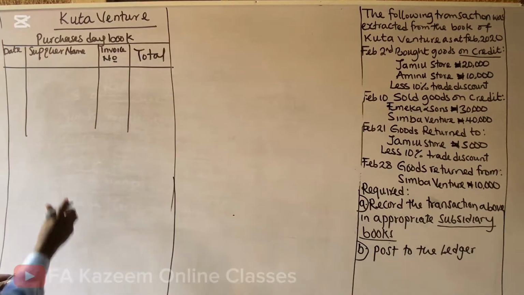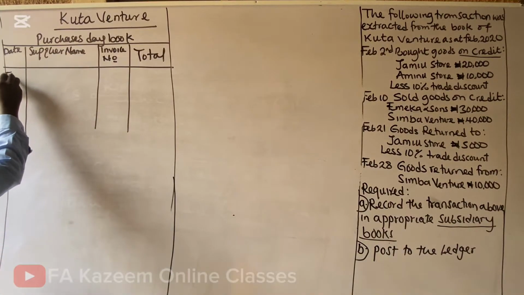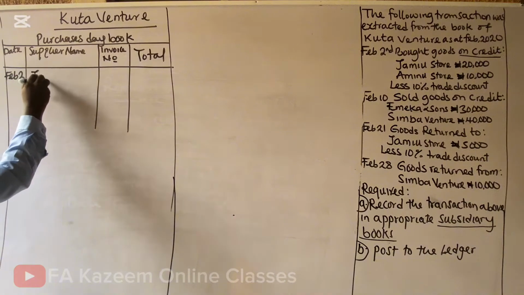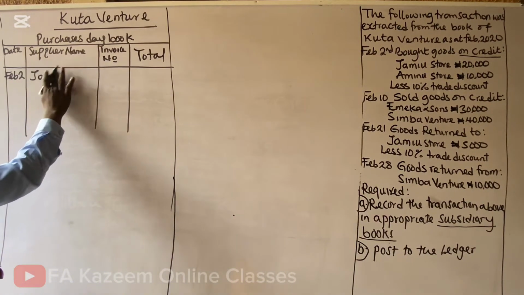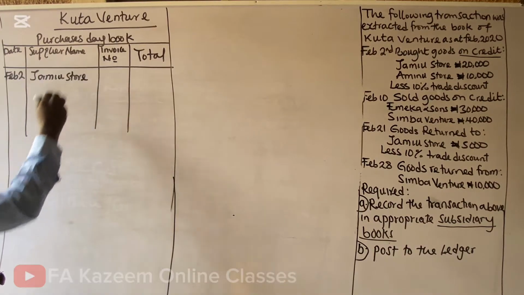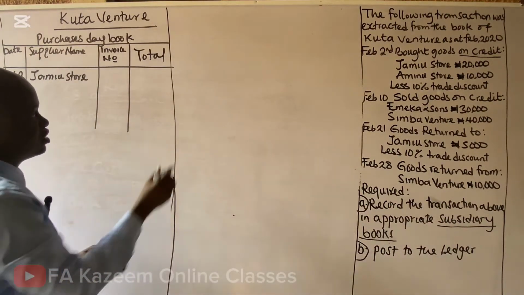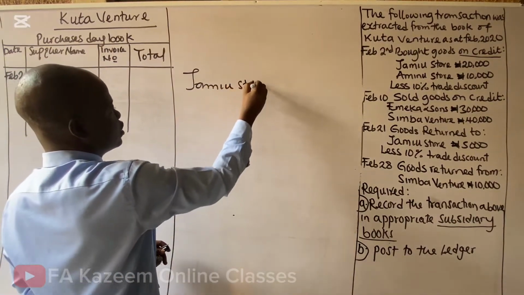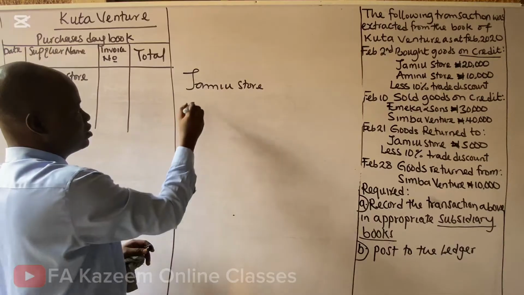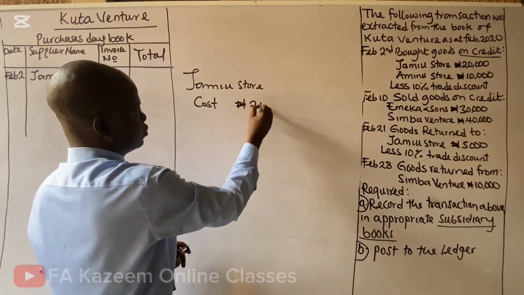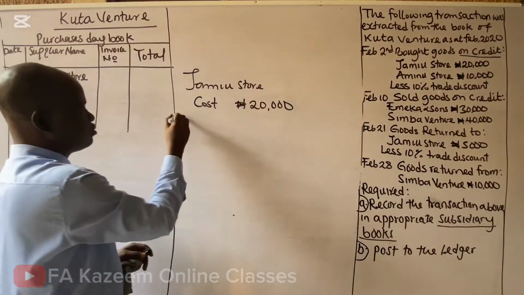Who did they buy from? On February 2nd, goods were bought from Jamil Store, less 10% discount. Meaning, we'll come here, for Jamil Store, there's 10% discount. How do we do that? The cost is 20,000. There's a trade discount.